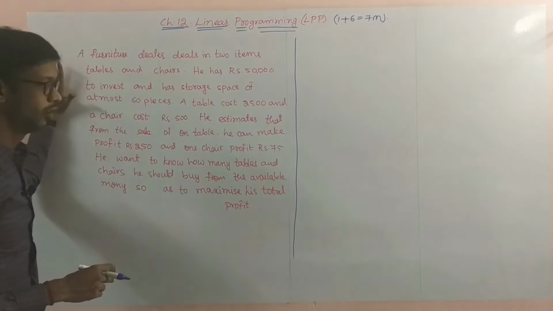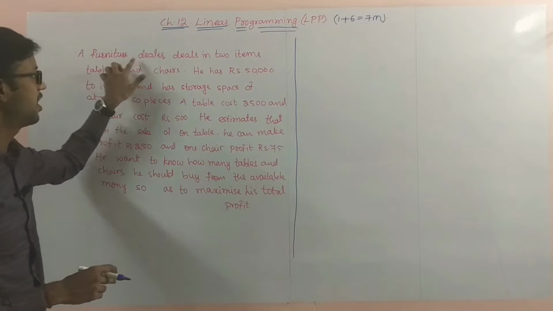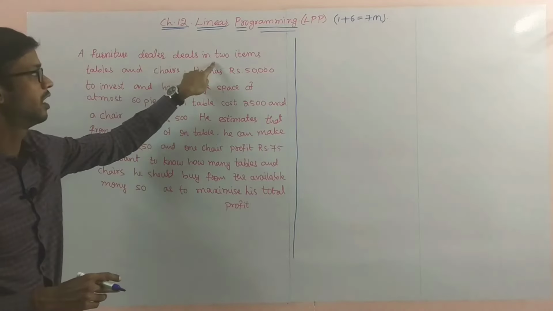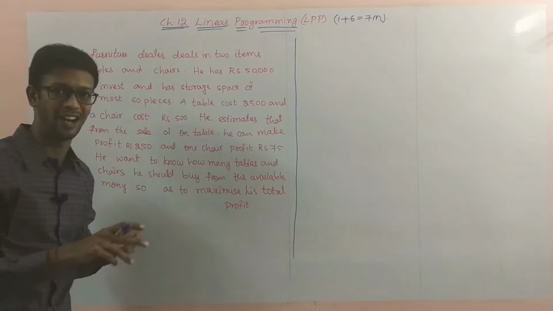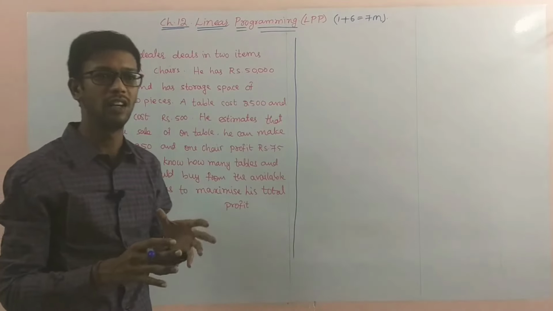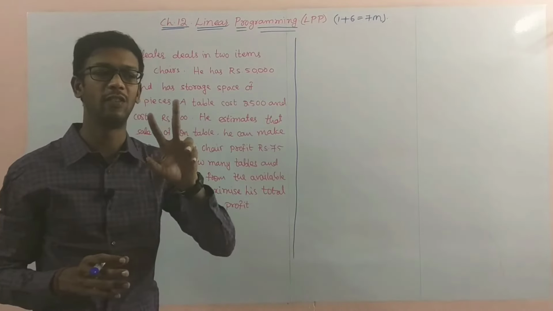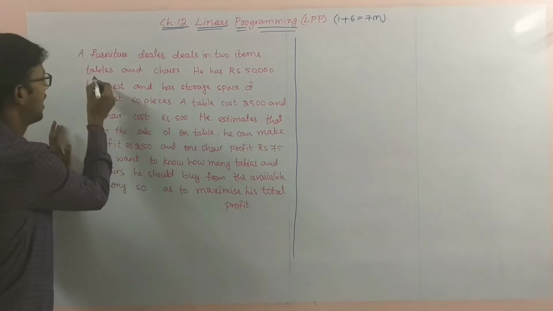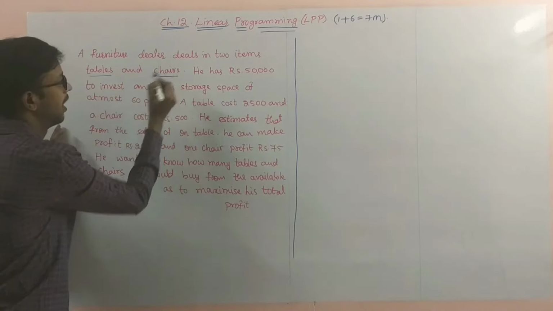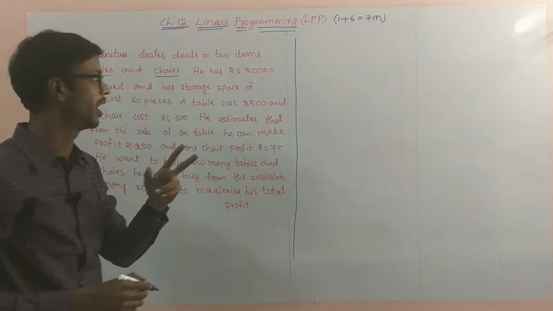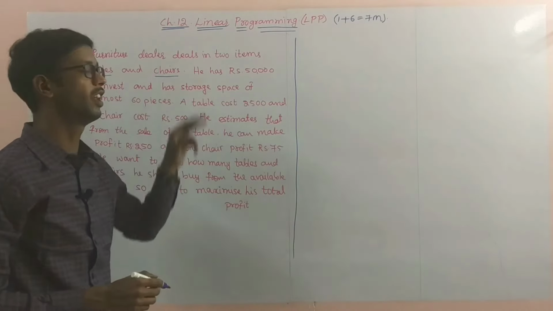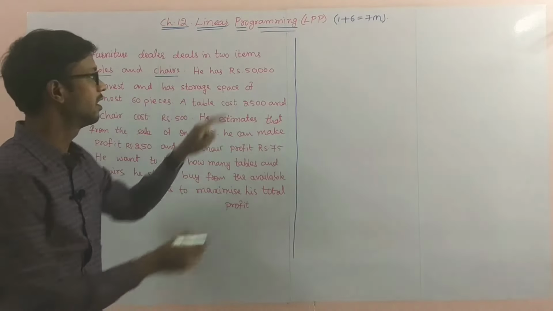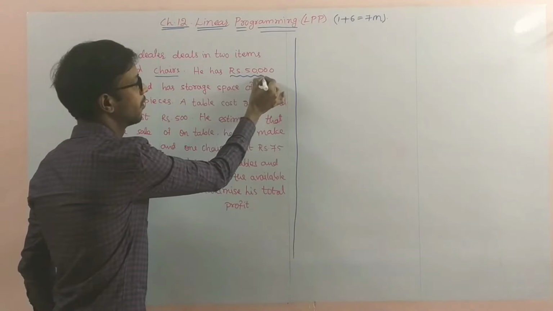So you see here, first of all, a furniture dealer deals in 2 items. A furniture company, a dealer, will deal with 2 items, that is tables and chairs. One is a table, one is a chair. And he has 50,000 to invest.